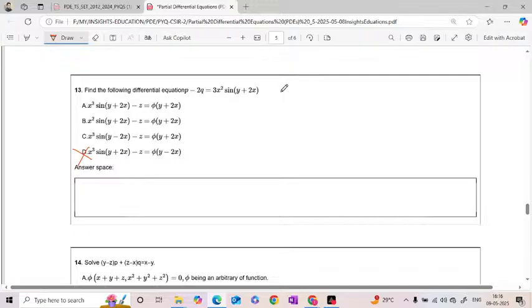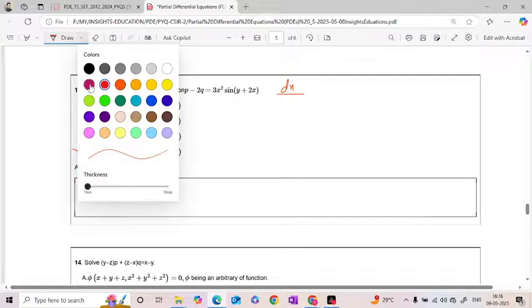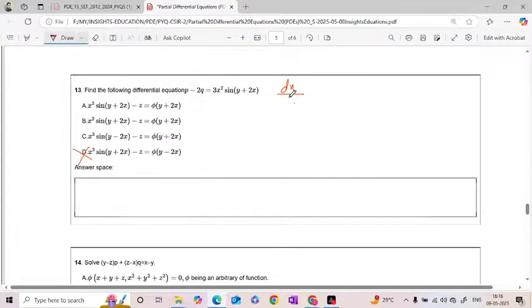Now we'll check. dx by 1 and dy by minus 2 and dz by 3x square sin of y plus 2x. From 1 and 2, here we'll get dx is equal to dy by minus 2.